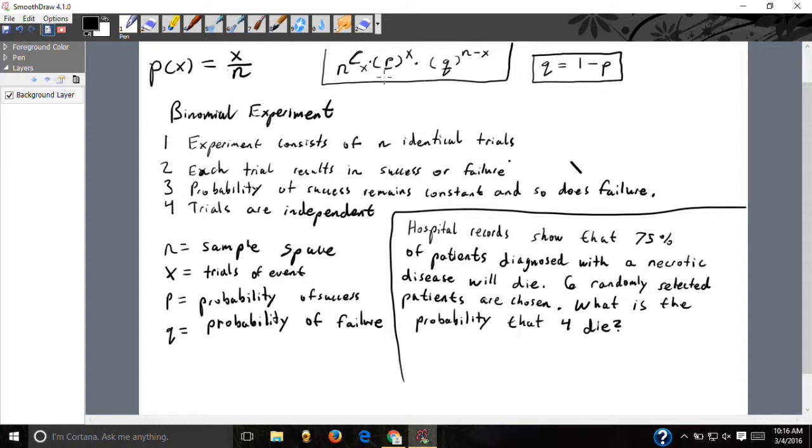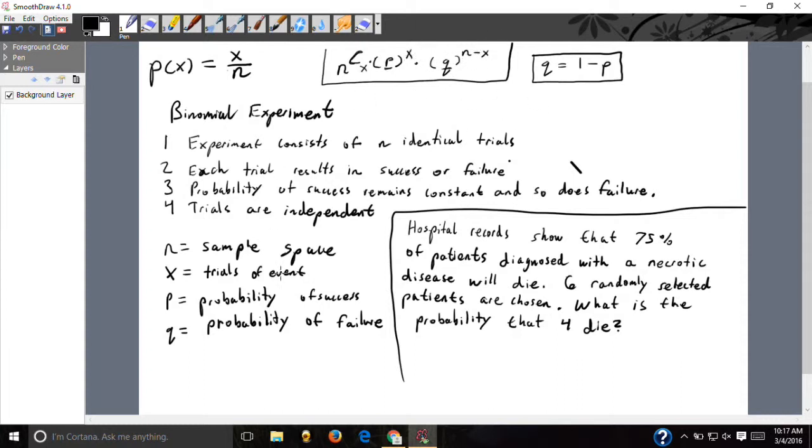Times the probability of success to the x power, multiplied by the rate of failure to the n minus x. So the sample space minus x, which was right here.